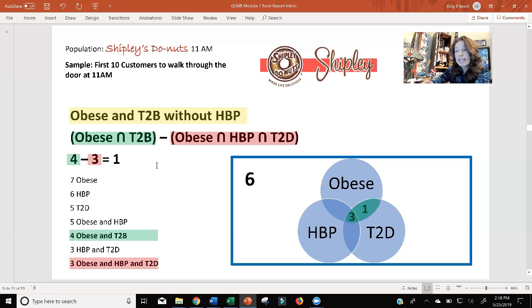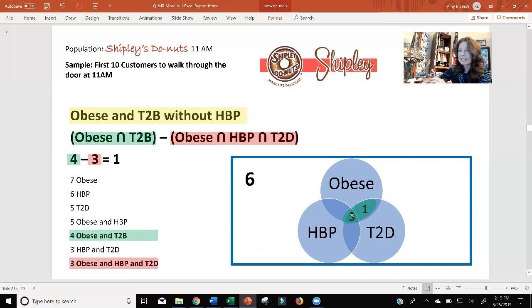So now in this case, I want to know who is obese with type 2 diabetes, but does not have high blood pressure. So in other words, I'm looking for this one little piece right here where obesity and type 2 diabetes overlap, but I don't want to include those 3 people who have all 3 things. So look at my Venn diagram. Do you see how my entire circle for obesity overlaps with the other 2 circles?